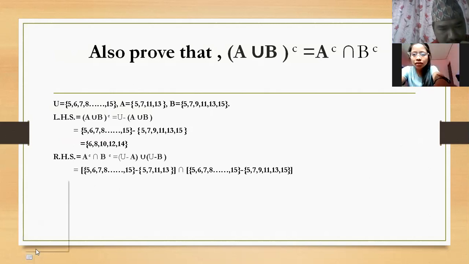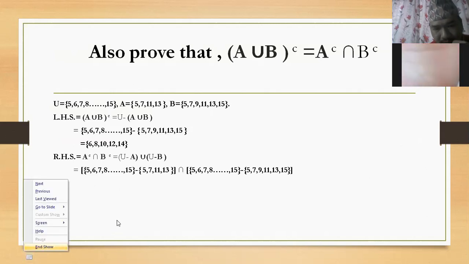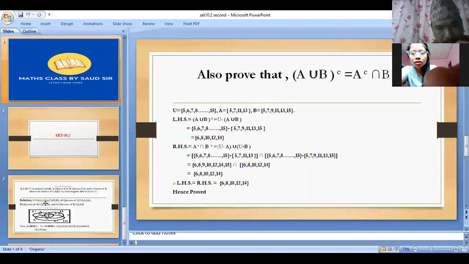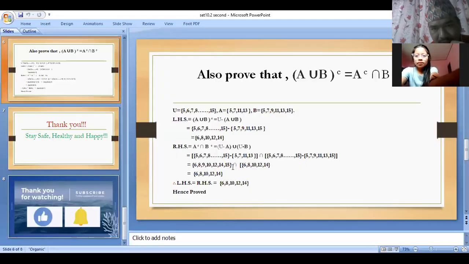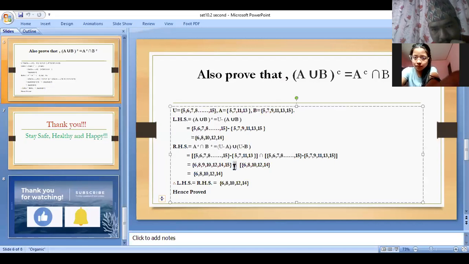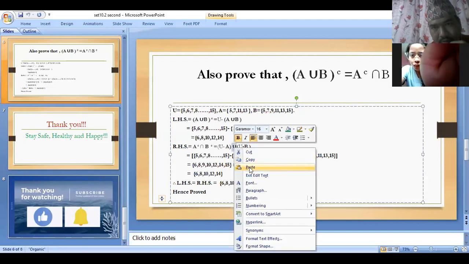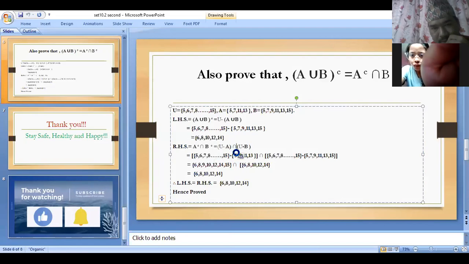I want to show you once again here. Children, look here. Here should be the intersection. Okay, children. Here we have to put intersection. Right? Here put intersection.